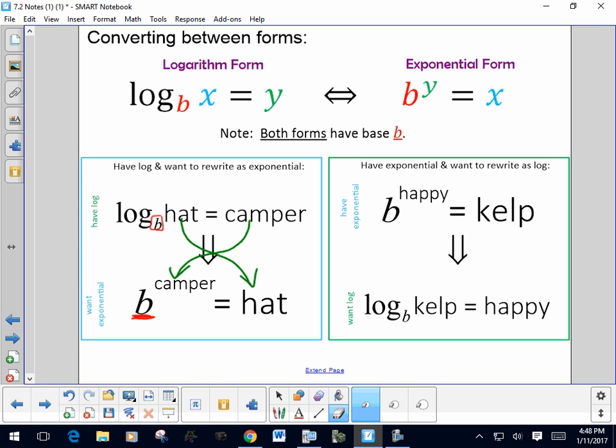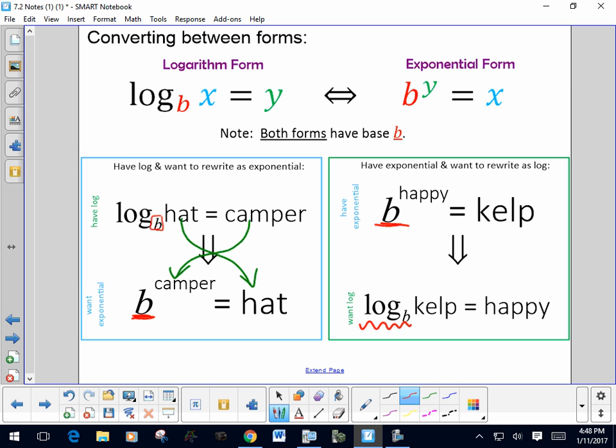Just like we can turn a log function into an exponential function, sometimes when we have an exponential function, we want to rewrite it as a log. So if you have an exponential function that is base b, you can equally well write that as a log base b.